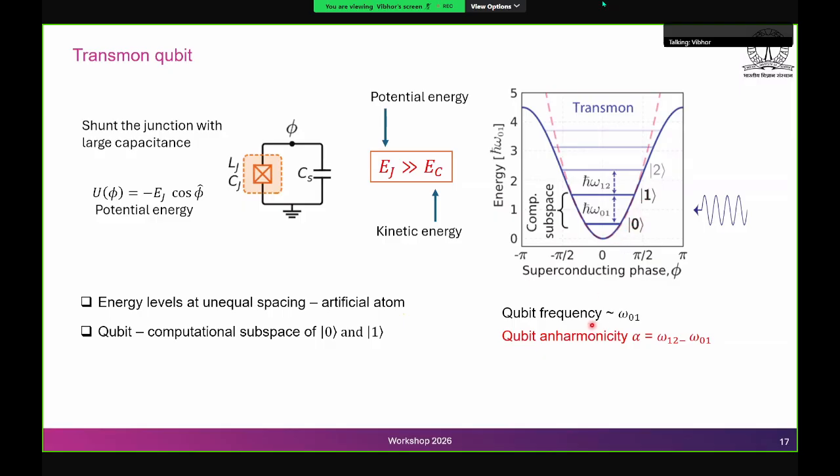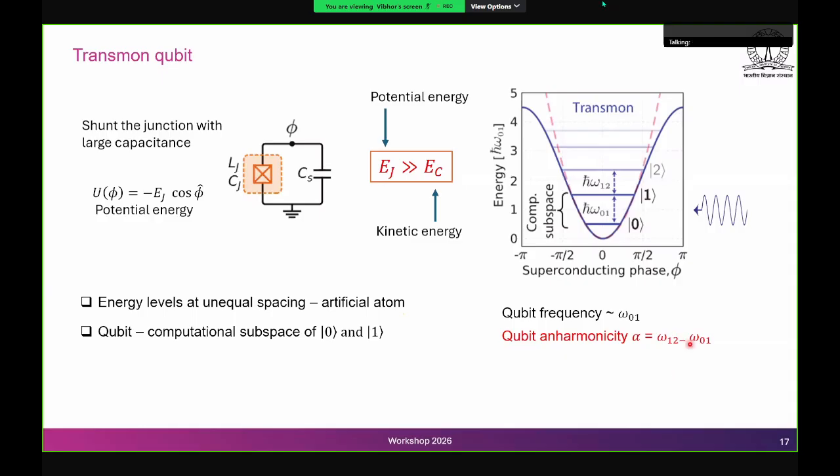Okay, there is another aspect to it which is important to emphasize, and that is the notion of qubit anharmonicity. It's basically asking the question: there are multiple levels, but we are ignoring others and keeping the qubit subspace as only this much. But how good is this approximation? If the anharmonicity, which is defined as the difference between two successive transition energies, is large, then obviously you are making a better qubit.